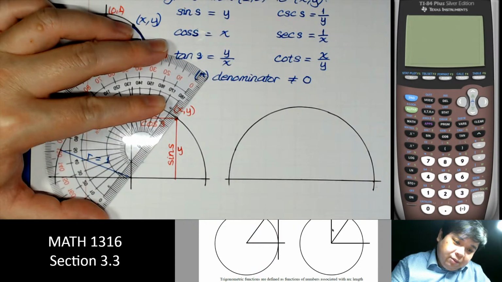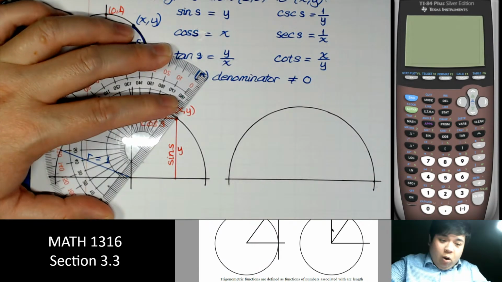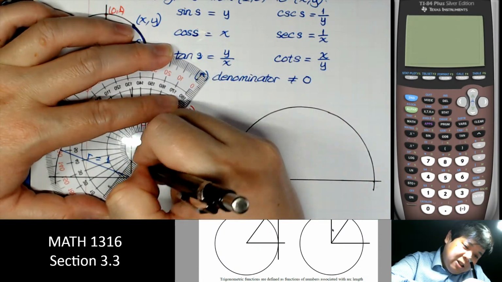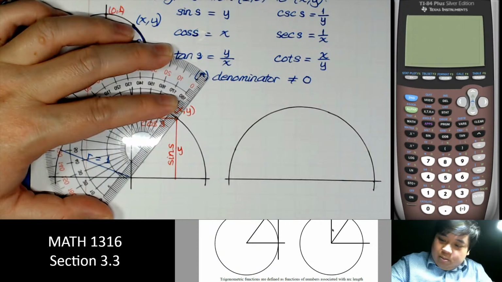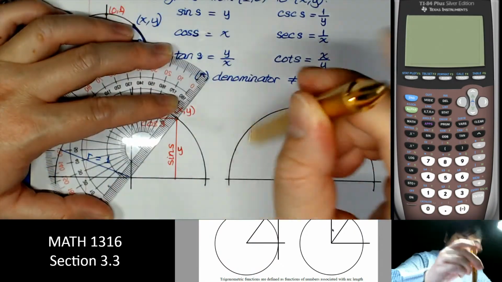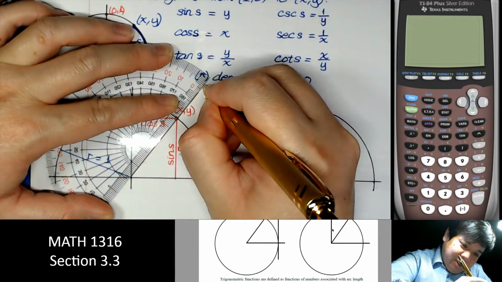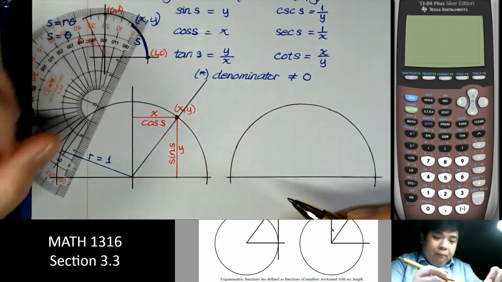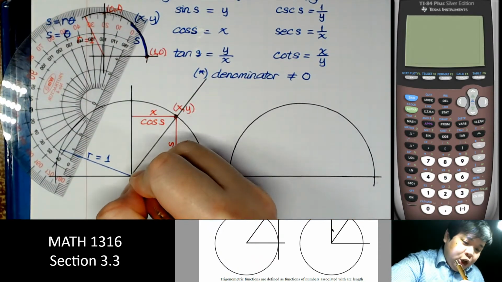Right, now if I draw extending this line, again pencil is the best choice. We draw a line through the center.